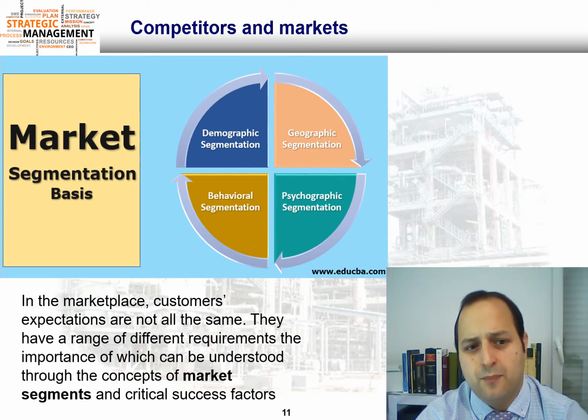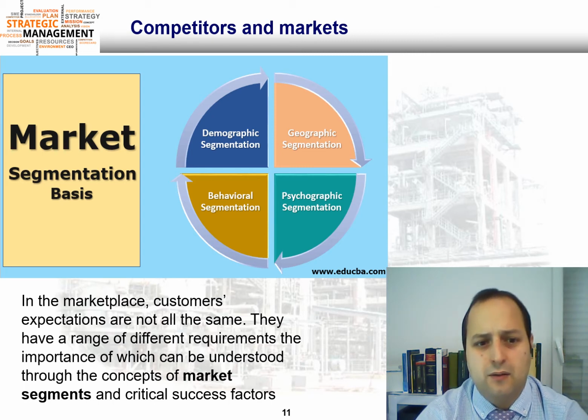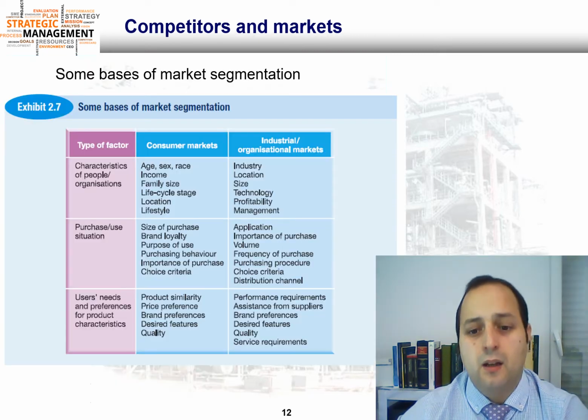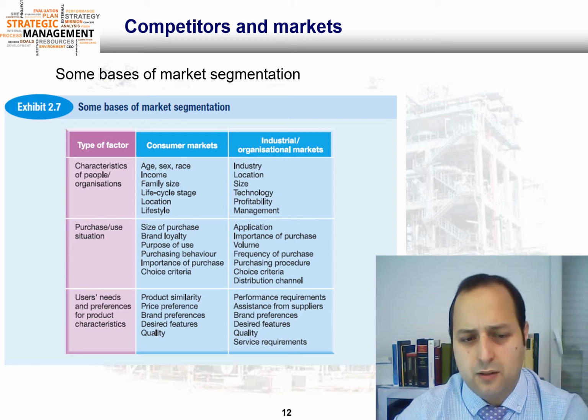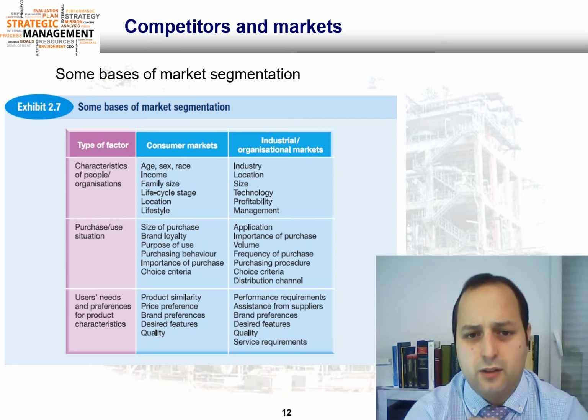For example, customers are divided depending on demographic segmentation, or geographic segmentation, or behavioral segmentation, or psychographic segmentation. Of course, the basis to perform an accurate market segmentation will depend on the concrete industry or sector; they are not always the same.